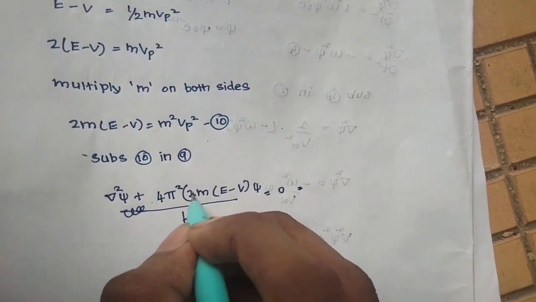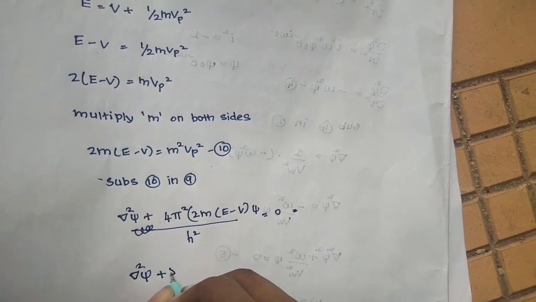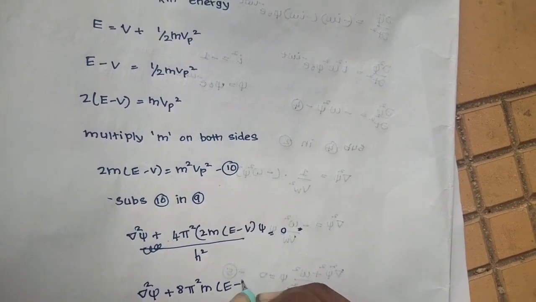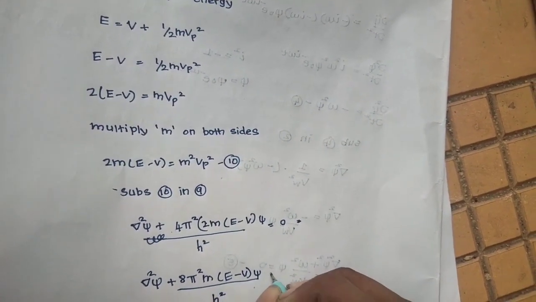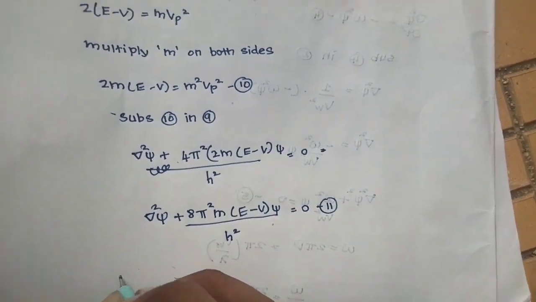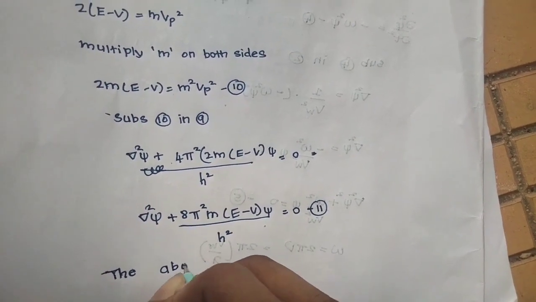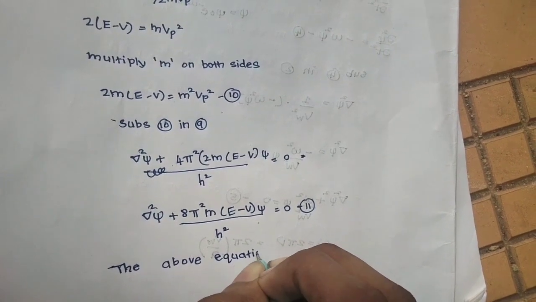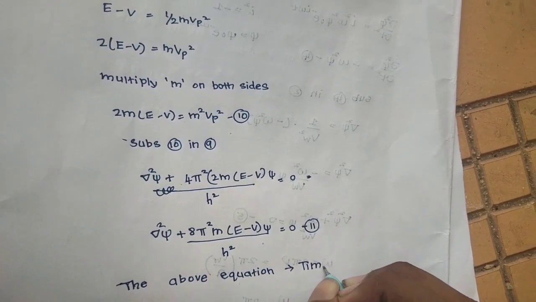Now multiply this 4 into 2, del square psi plus 8 pi square m into E minus V psi by h square equal to 0. Name this as equation 11. This above equation is called Schrodinger time independent equation.